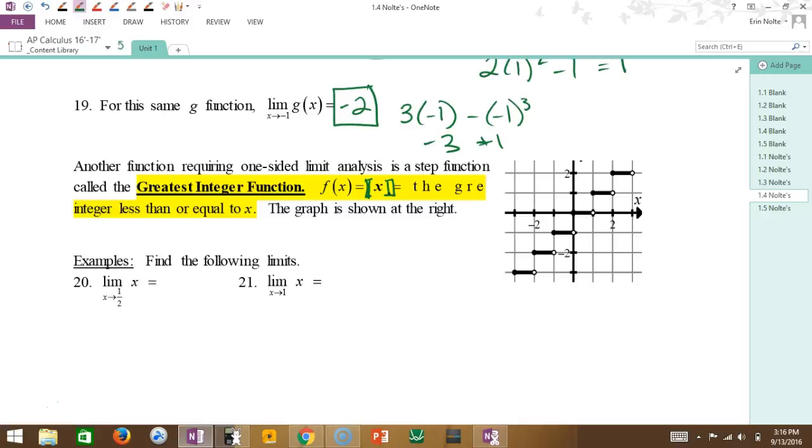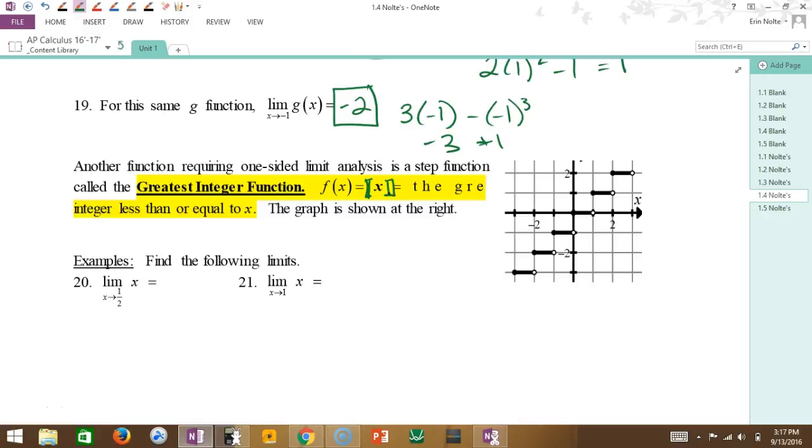Okay. So just quickly understanding the greatest integer function. So let's say my input is 2.1. What is the greatest integer that is less than that number? 2. Okay, so I input 2.1, my corresponding y is 2. What about 2.8?